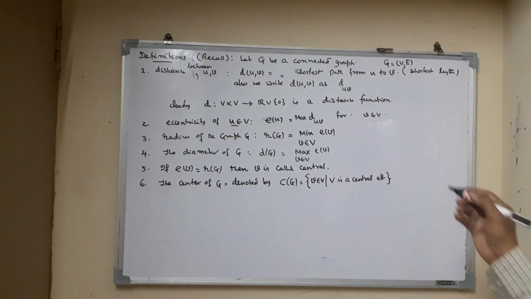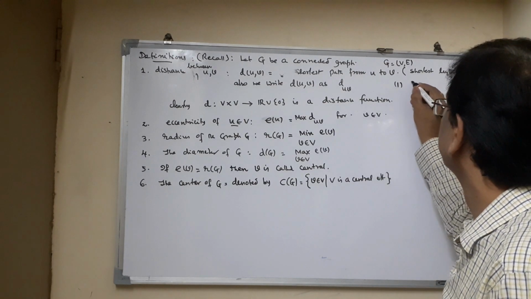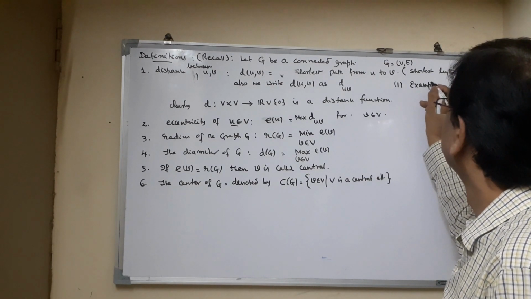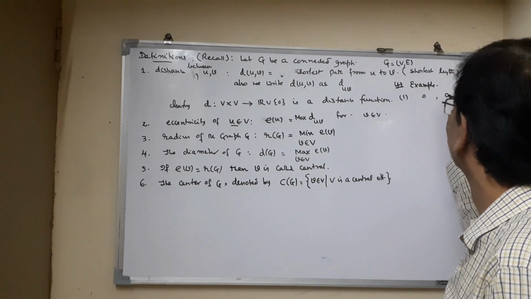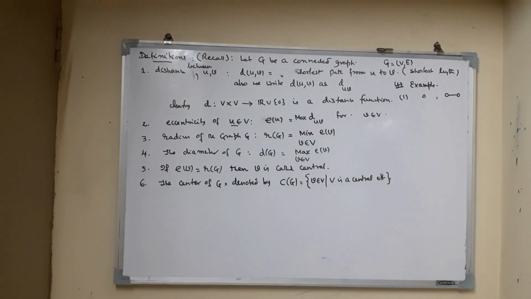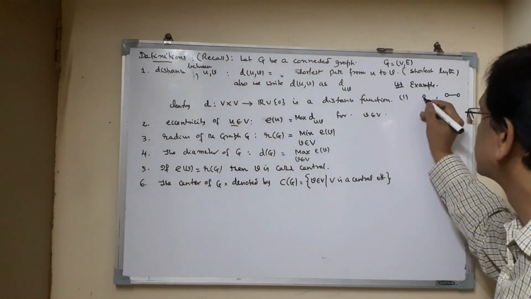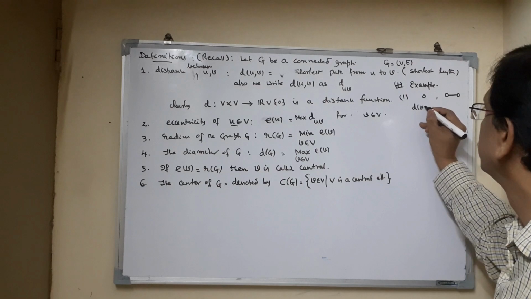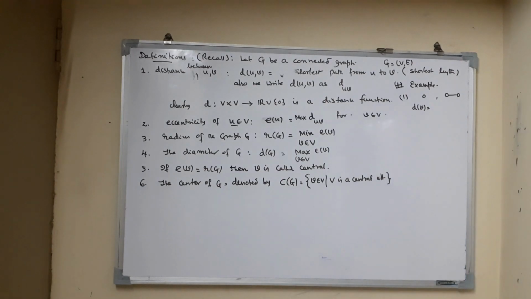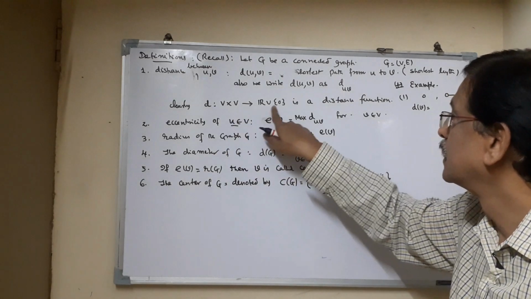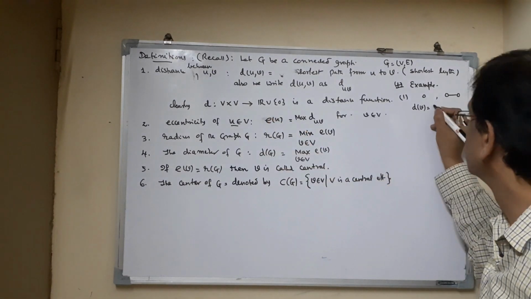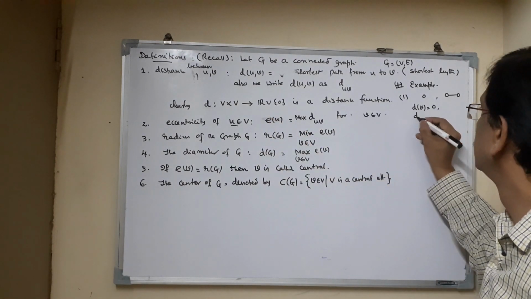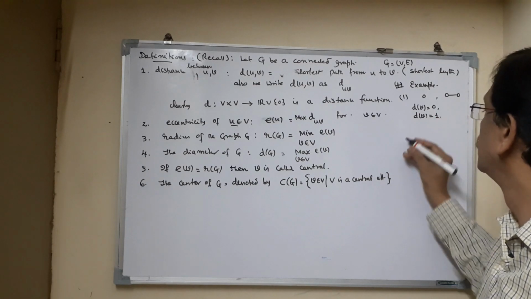Let us see a few examples. Example 1. Look at this. If this is a vertex, what is the degree of V? It's a distance function, so this may be 0. What about this? It is 1.